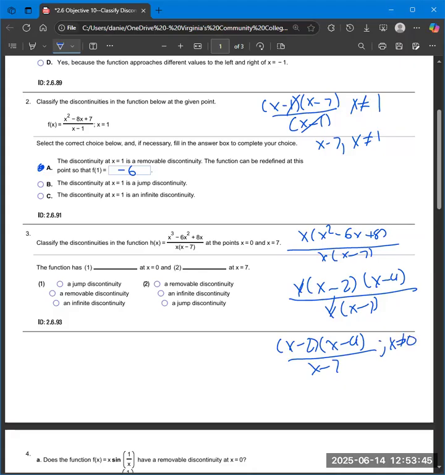X still can't be 0. There's a removable discontinuity at x equals 0. And there's a non-removable, infinite discontinuity, a vertical asymptote at x equals 7.